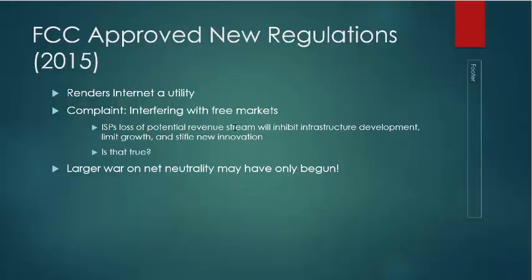And if they're not going to get the revenue, then they may not build any more infrastructure for the internet. So let's say, instead of thinking about putting in fiber to handle all that extra demand, they're just going to stay with cable that uses copper. And that can only go so fast, whereas fiber can go much faster. But that's what they're saying if they don't get that additional revenue.